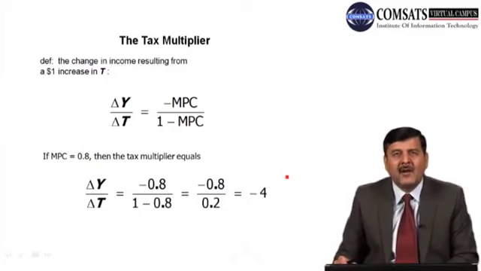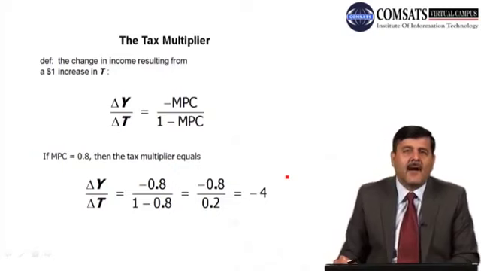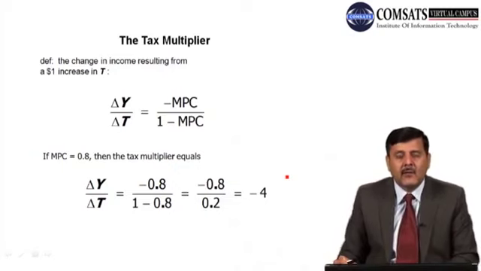Suppose the marginal propensity to consume is 0.8, then the tax multiplier is delta Y over delta T equal to minus 0.8 over 1 minus 0.8, equal to minus 0.8 over 0.2, equal to minus 4.